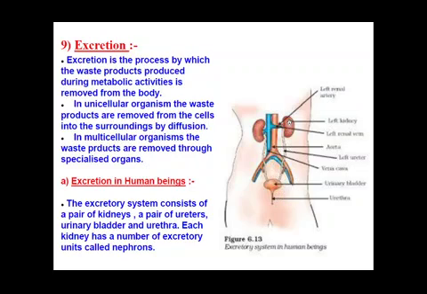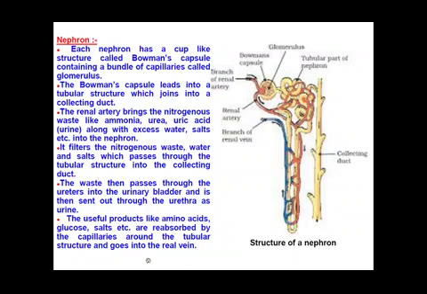The kidney is the main organ of the excretory system, and it is made up of excretory units known as nephrons. Now we will study nephrons in detail.